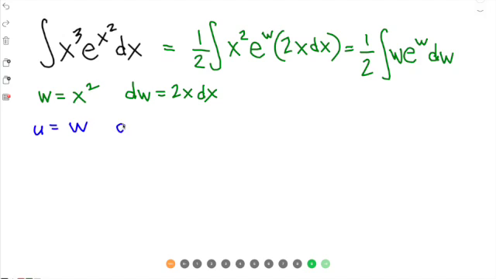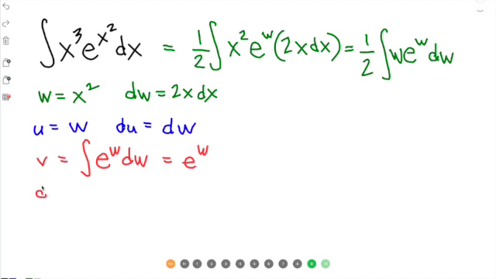And the derivative of u is dw. And for v, the integral of e to the w dw, or e to the w. So dv would be e to the w dw.